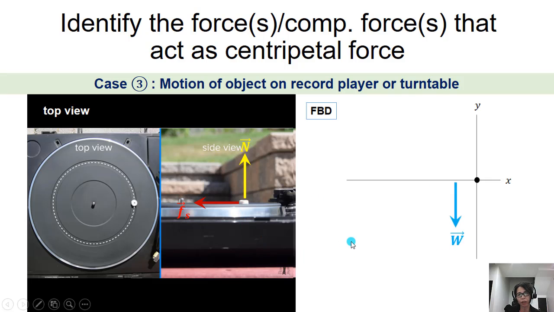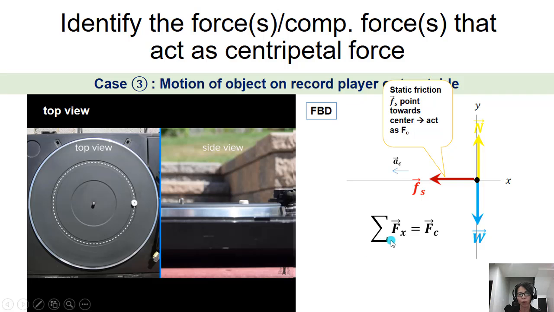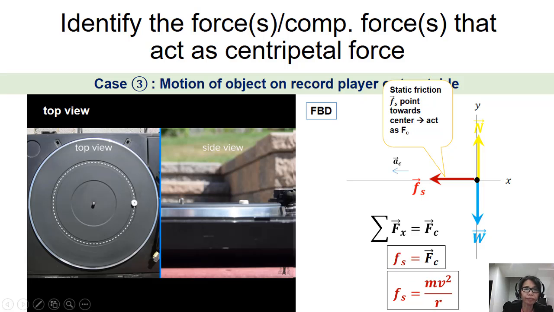So I redraw it as a free body diagram. We can see very obviously the static friction is the only component force along the x-axis that points towards the center. So the summation of force components in x equals Fc. The static friction force that points in this direction will be our centripetal force. So Fs is mv squared over r.